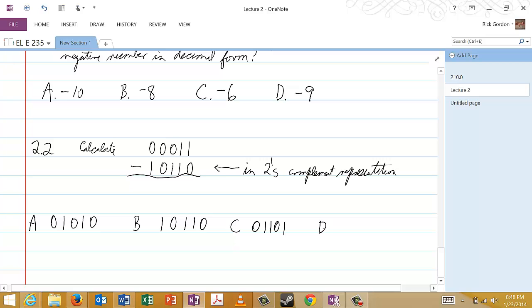Or 1, 0, 1, 0, 1. Pick which one of these is the correct answer to this problem. So those are problems 2.1 and 2.2. And that concludes Lecture 2.